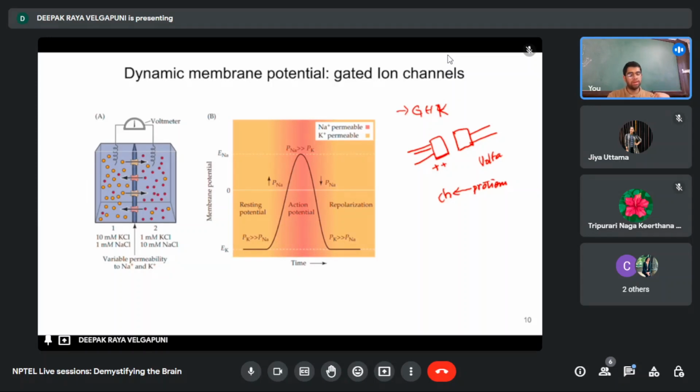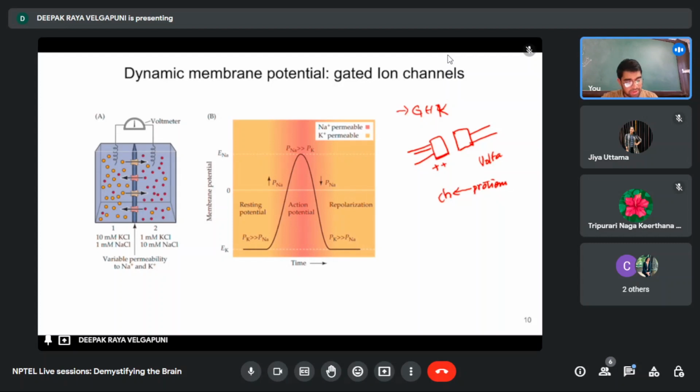So using these modulations, like voltage or force or any other kind of modulation, we are able to change the permeability across the membrane, and hence the permeability changes across ions, and we are able to modulate the potential across the membrane.